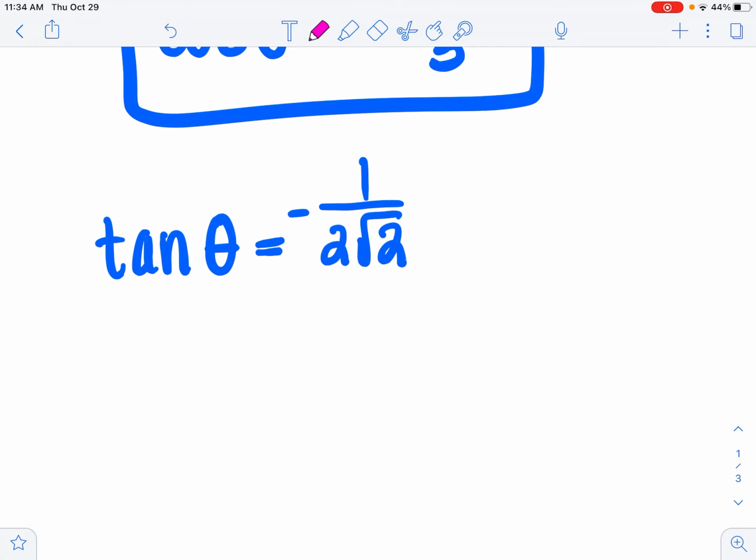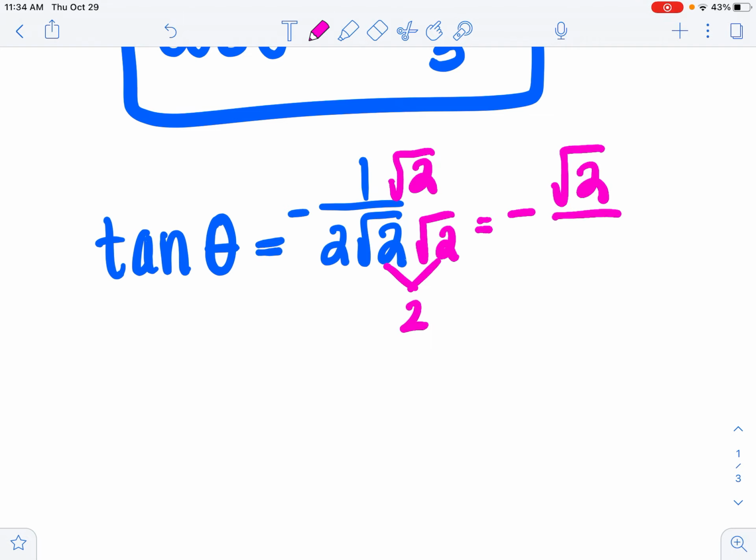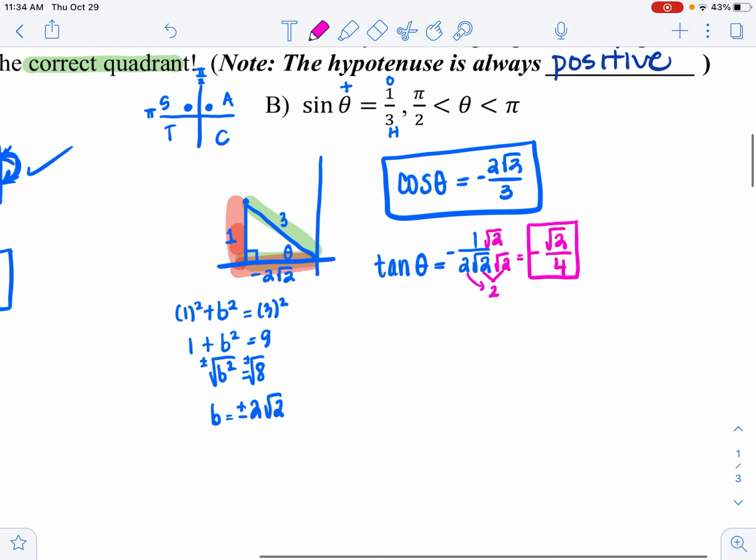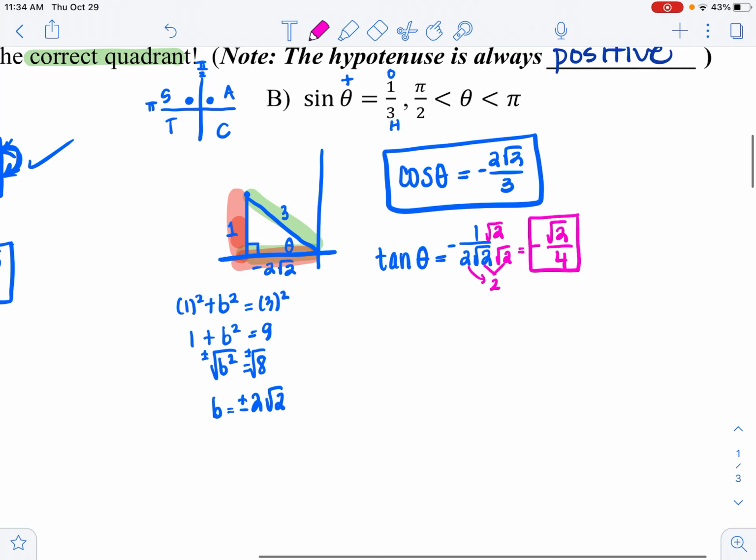So first, before I do that, I'm going to see if my fraction's simplifiable. 1/2 is not, so that's ready to go. So now I'm just going to multiply by root 2 over root 2. And I get negative 1 times root 2 is root 2. And then I have root 2 times root 2, which is 2, but then don't forget about this 2 right here. So 2 times 2, 4. There's my tangent.